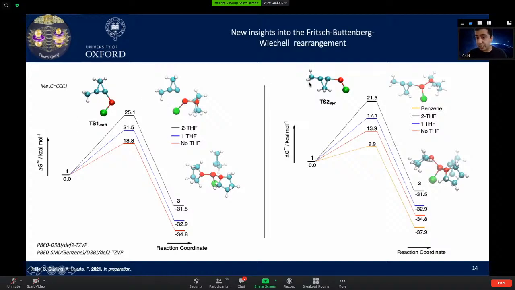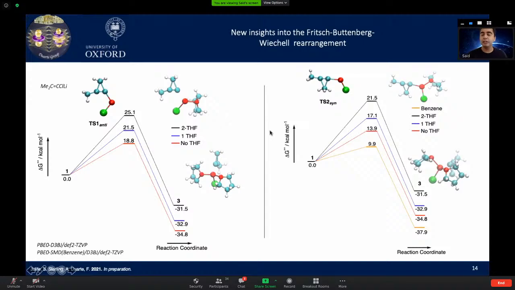In this case, we see that by including implicit solvents such as benzene, the barriers can actually drop by almost 4 kilocalories per mole, to almost 10 kilocalories per mole. So this is kind of in agreement with what we know from experiments, right?